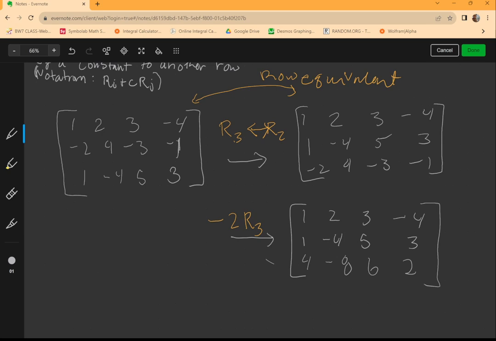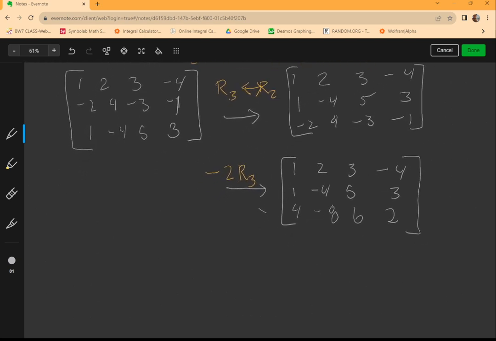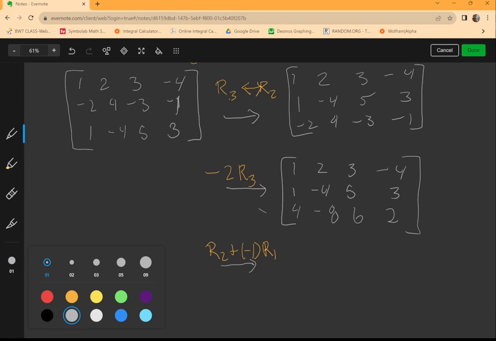All right, so now the third one. What we're going to do here is I'm going to take R2 and I'm going to add to that negative 1 times R1. All of R2 is going to be replaced by this operation.